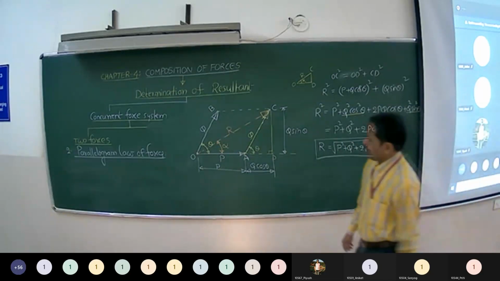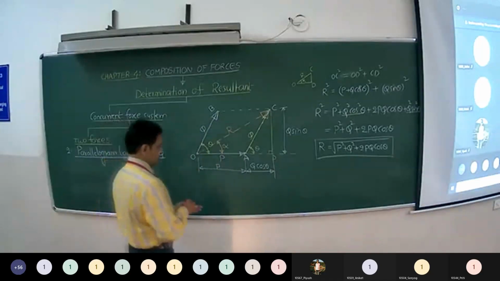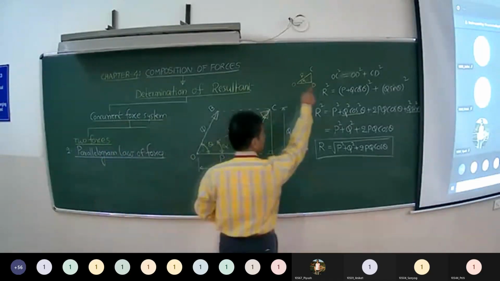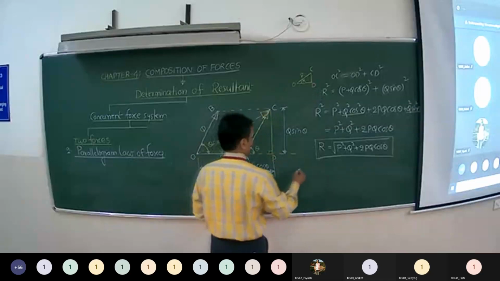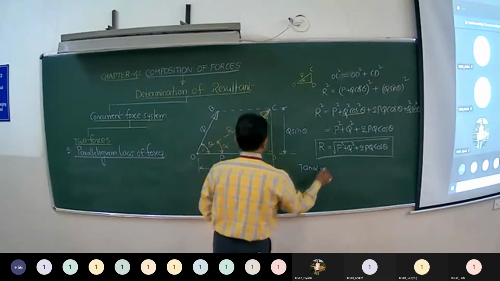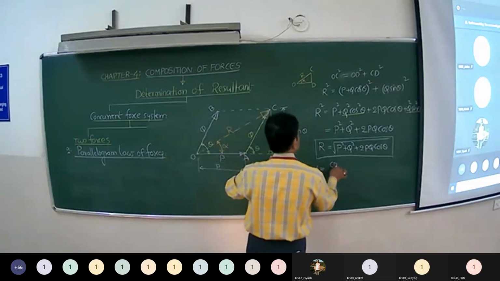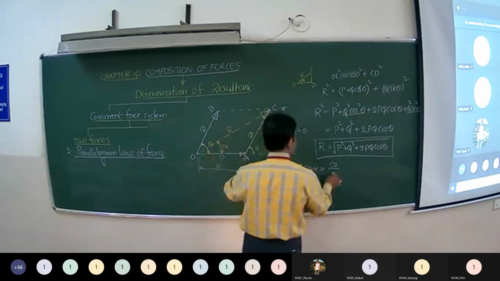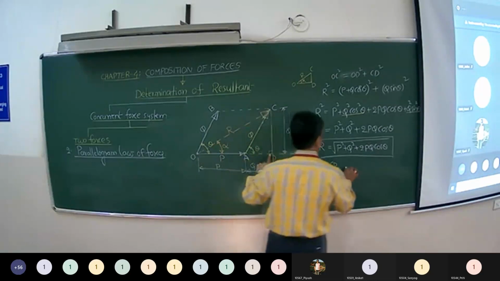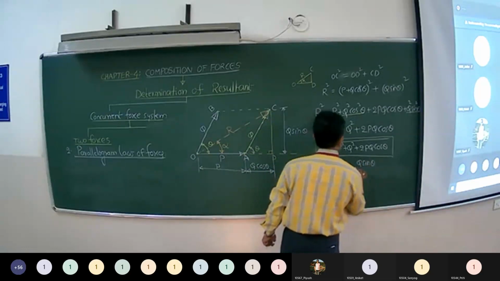Okay. Now how do you find out the direction of resultant alpha? From the same right angle triangle ODC, tan alpha is equal to opposite side CD upon adjacent side OD, but CD is equal to Q sin theta.